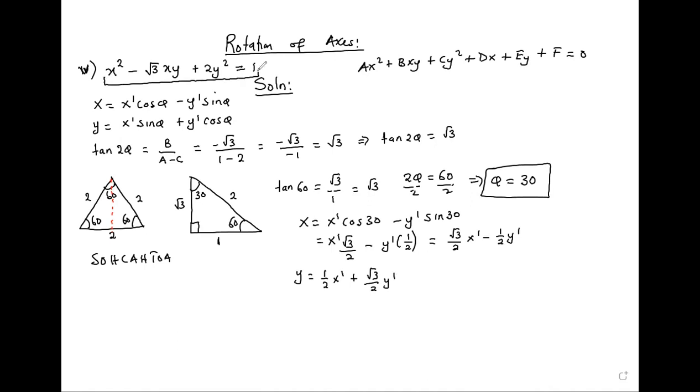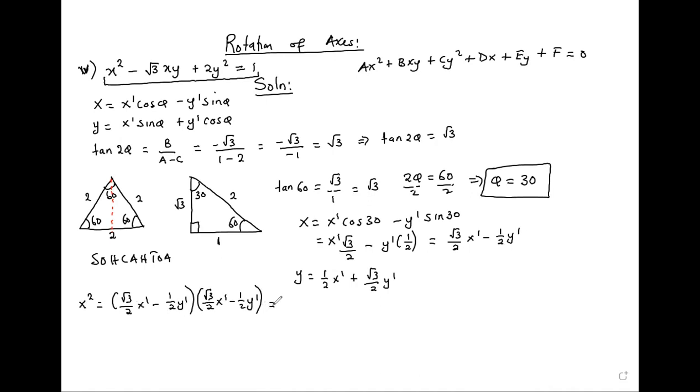The easiest substitution, according to me, is you first get x squared. What is x squared? You multiply √3 over 2 x prime minus half y prime by √3 over 2 x prime minus half y prime.